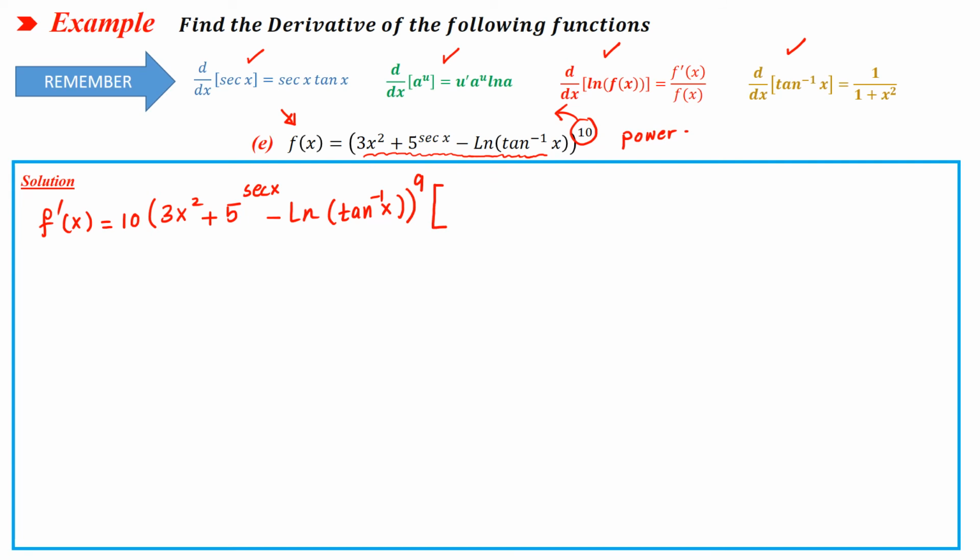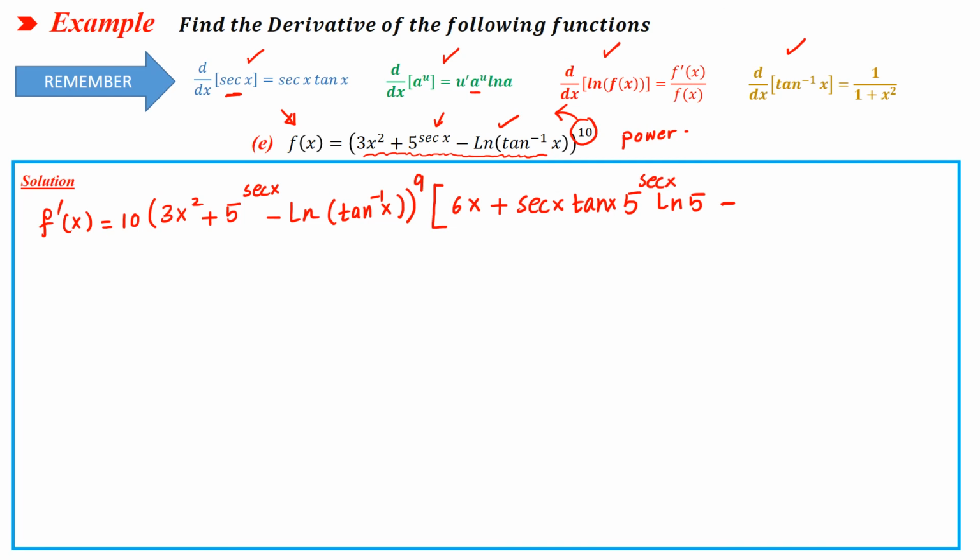Now the derivative of 3x squared is 6x plus the derivative of 5 to the secant x. Firstly you have to find the derivative of the power, which is secant x, and the derivative of secant is secant x tan x, multiplied by the same function 5 to the secant x, multiplied by ln the base, ln 5, then minus the last function, ln tan inverse of x.